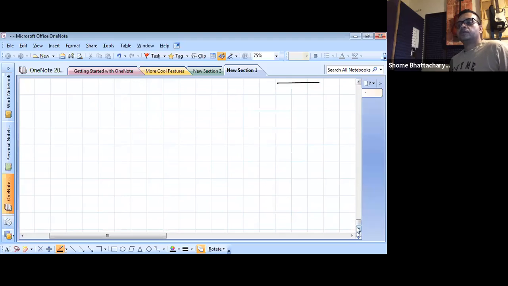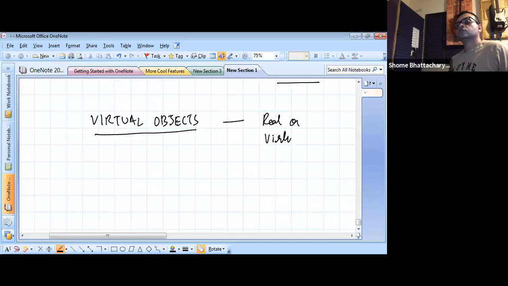Okay. But virtual objects, they now give different types of images. Virtual objects can produce real or virtual images, both. Both are possible. So let's understand with an example.